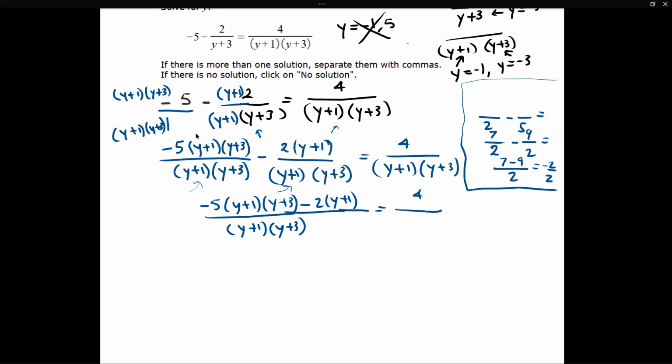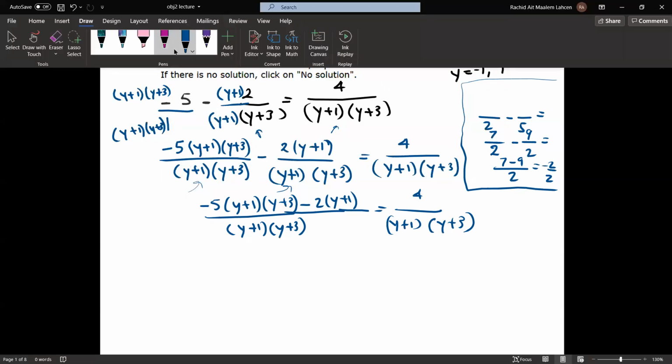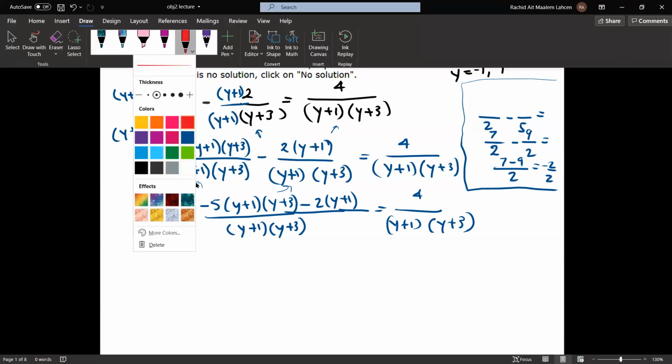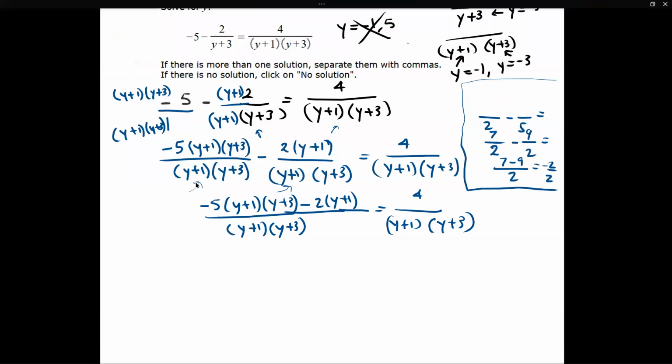And here is the right side. I'm not solving yet. I'm just preparing it to simplify it. There is a nice trick here, but to know it, I have to show you a small example. It applies to fractions.